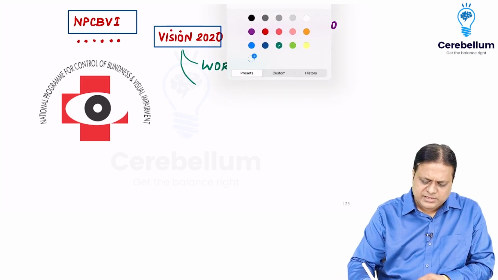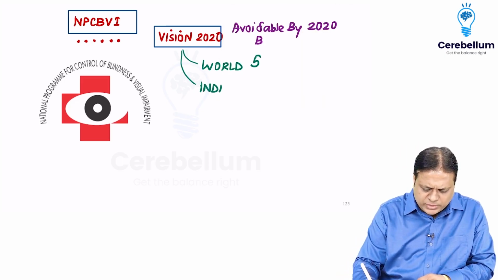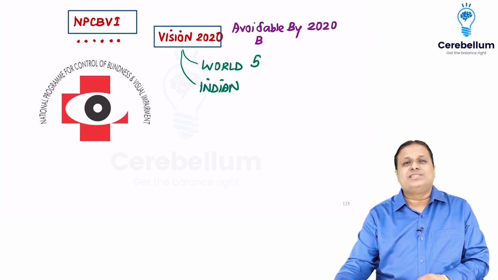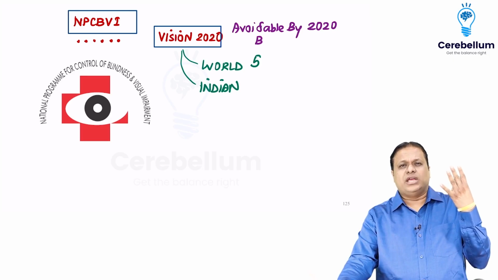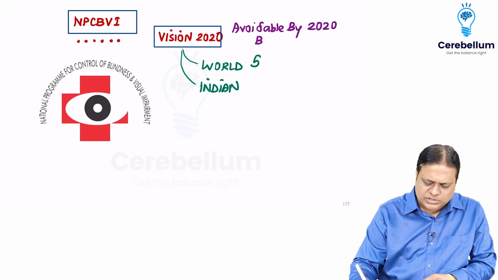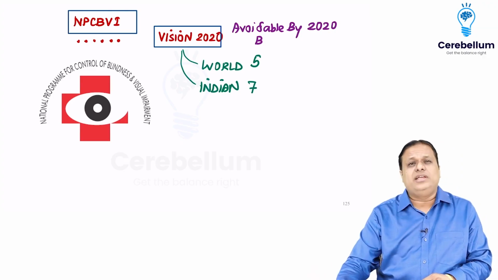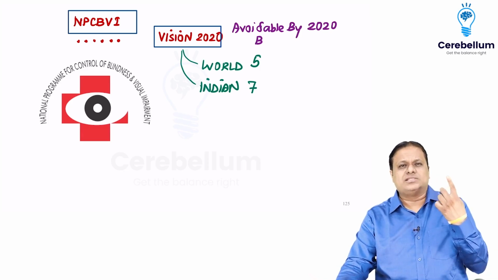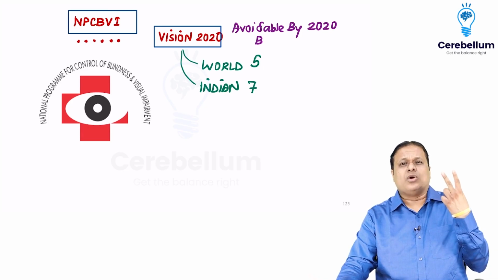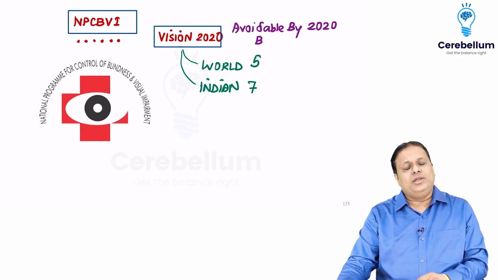In contrast, when we look at Indian Vision 2020, the first 5 diseases are the same: cataract, refractive error, low vision, trachoma, childhood blindness. But instead of onchocerciasis, which does not exist in India due to lack of the vector black fly Simulium, we have 3 additional diseases: glaucoma, corneal blindness, and diabetic retinopathy.